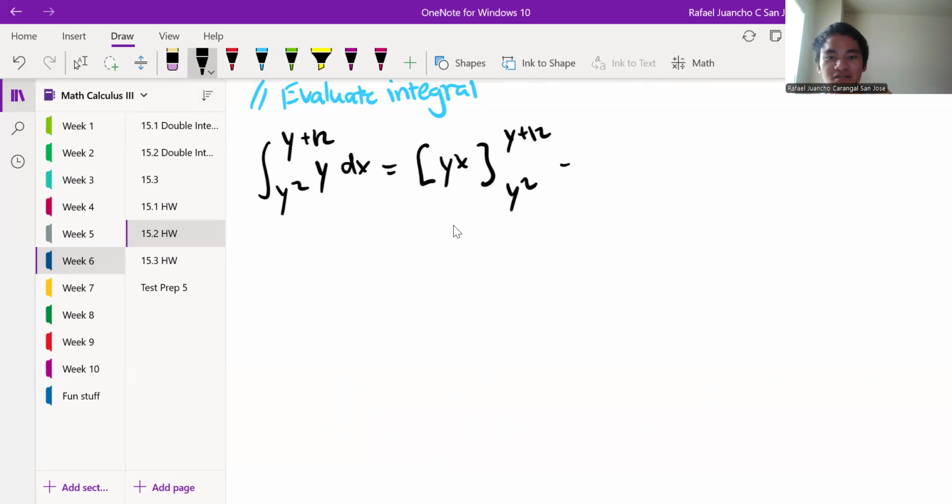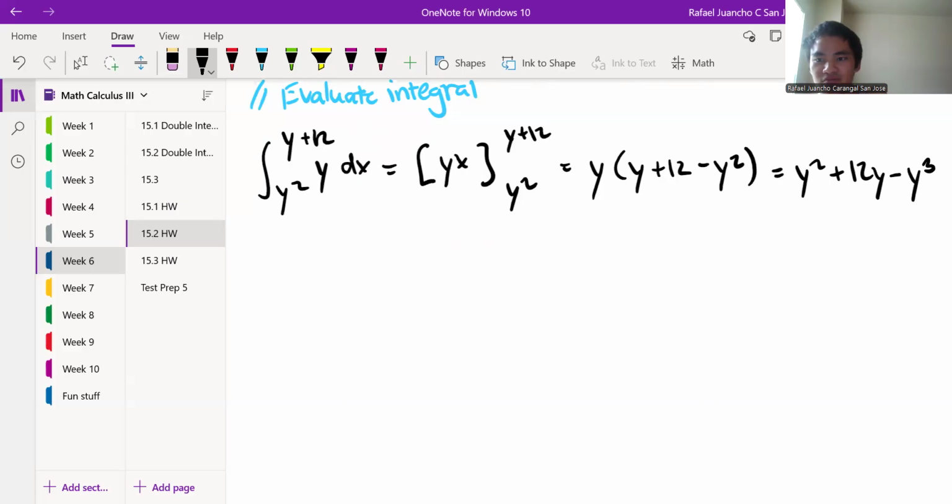Here I put that in my x. So I get y of this minus y squared, right? Please tell me I got that part. That was annoying. I was confused. Yeah, okay, that looks right. And I get y squared plus 12y minus y cubed.